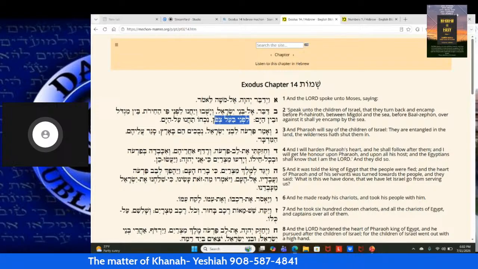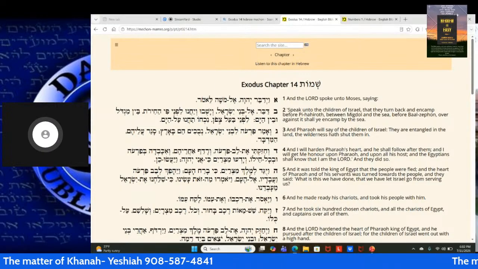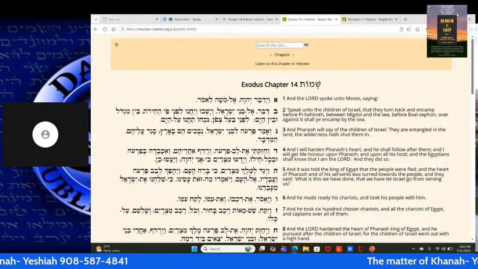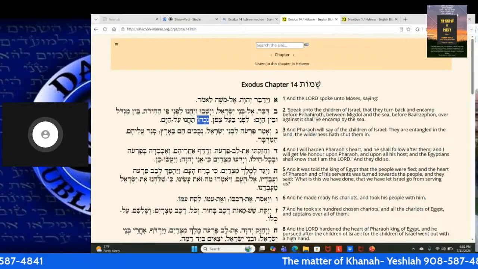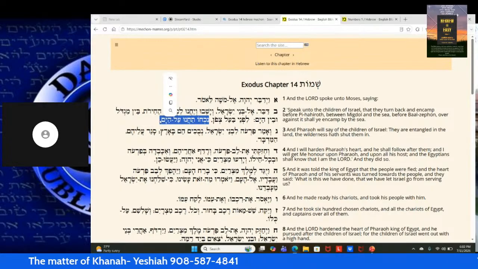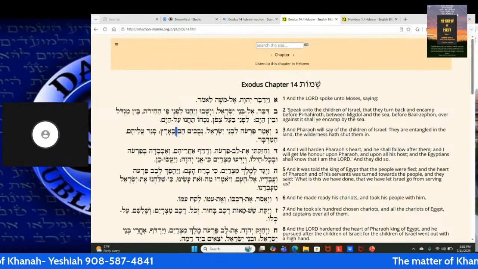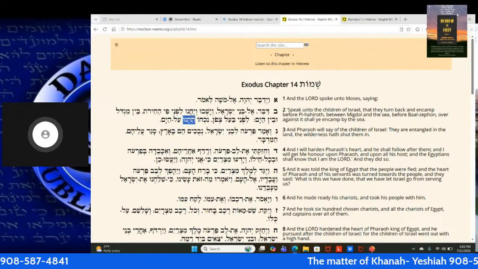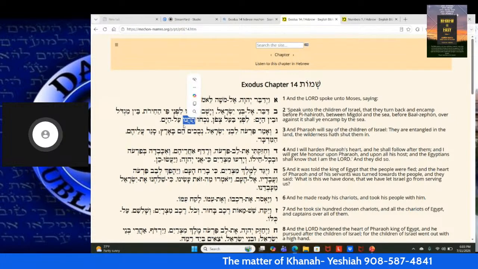Lifnei Baal Zephon, before Baal Zephon. Nikho tahanu al hayam. So let's look at this, brothers and sisters. We want to focus on this word here, Takhanu, shown in the blue there.